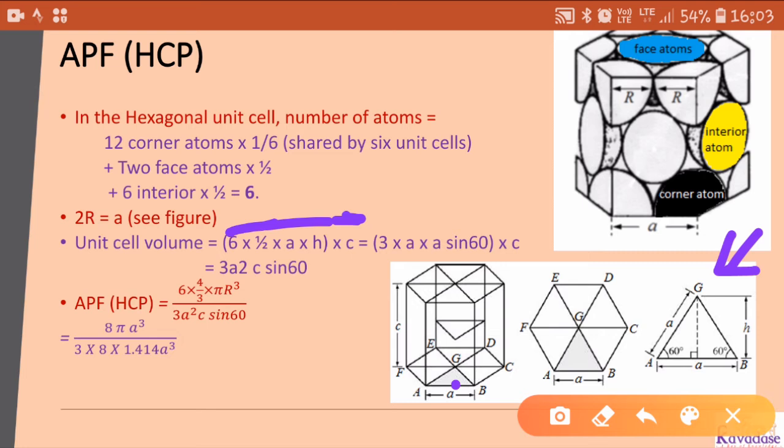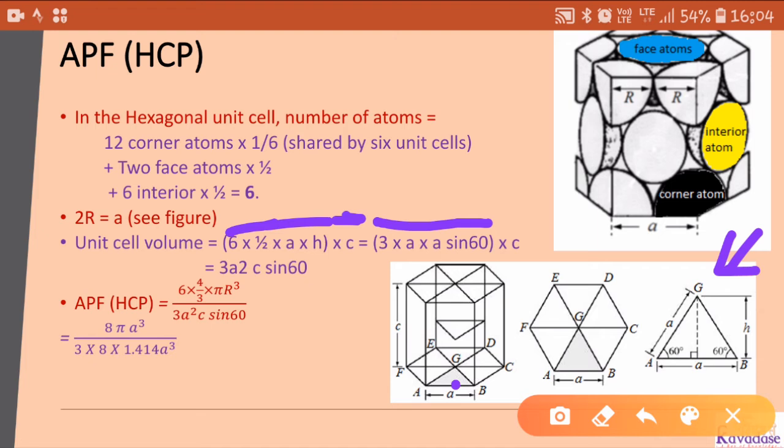Okay, and then after simplification we will get 3 into A into A, and into sine 60. Here I have found the relationship between A and H. If you apply trigonometric formulas, you can find H is equal to A sine 60.